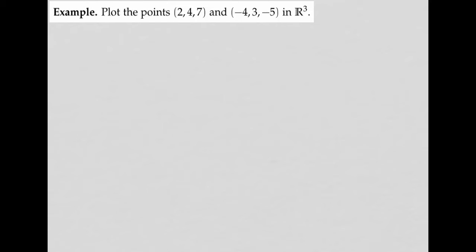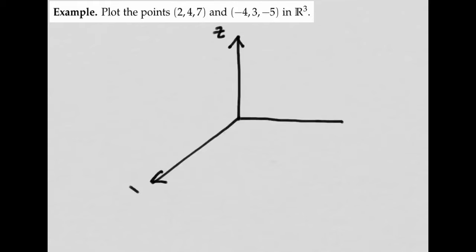Next, let's plot the point (-4, 3, -5) in three-dimensional space. Let's draw the axes first. Z-axis, x-axis, y-axis.